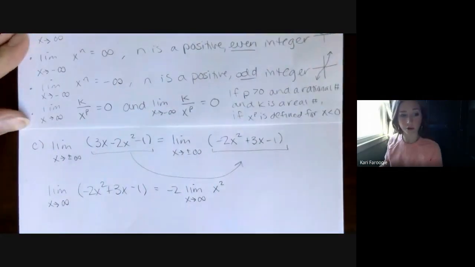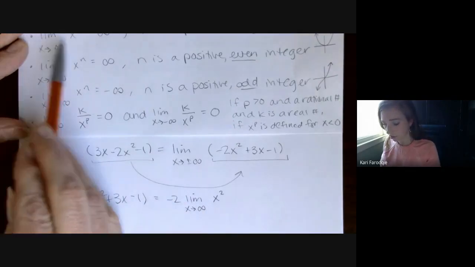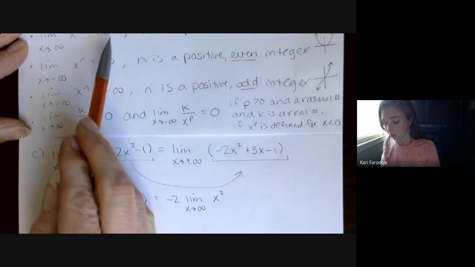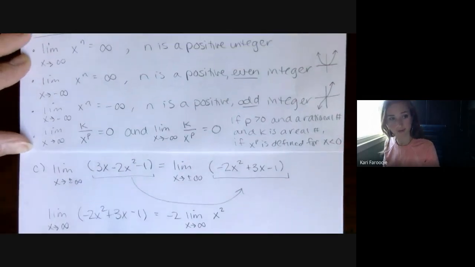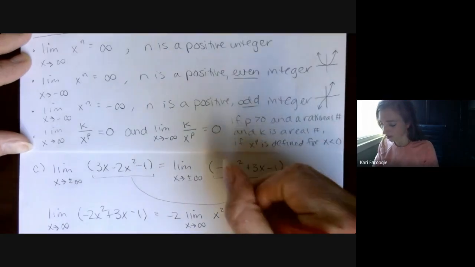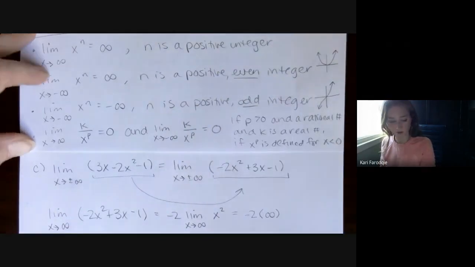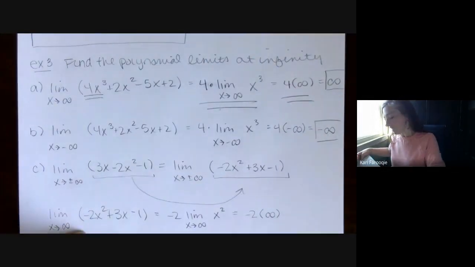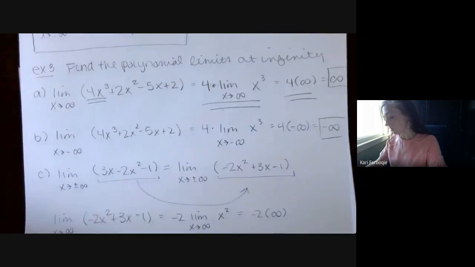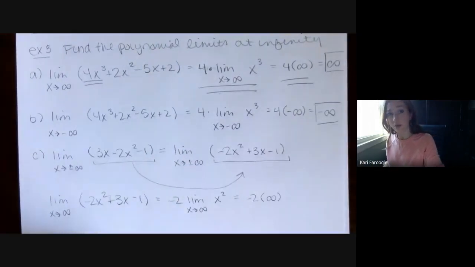Okay, so we're going through this. We're looking at it as x is going to positive infinity. We have x to the n. Your expression is going to go to positive infinity. So you're going to have negative 2 times positive infinity. This one is tricky because the limit is not actually going to end up being positive infinity, because you're multiplying it by a negative.